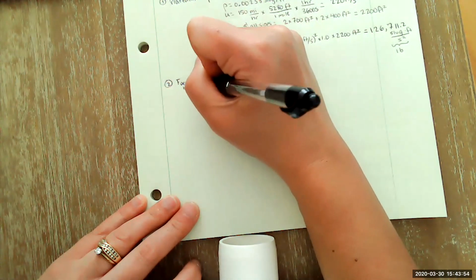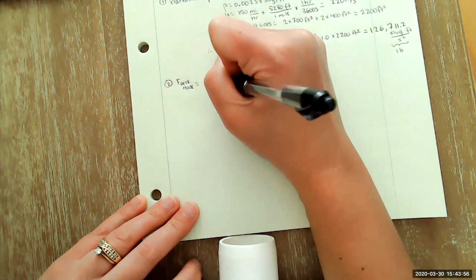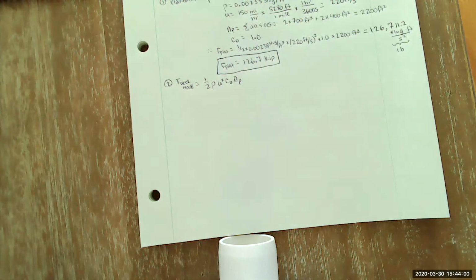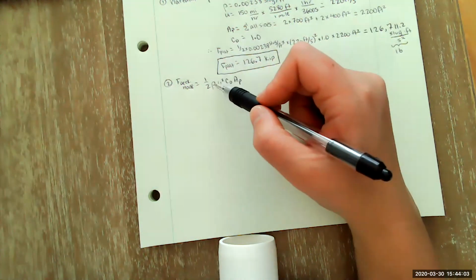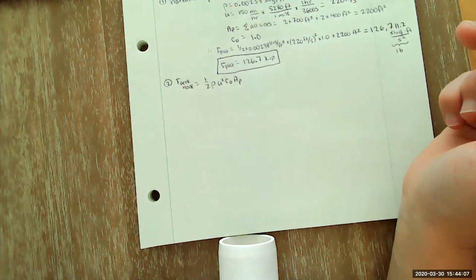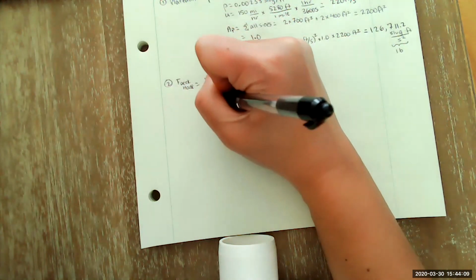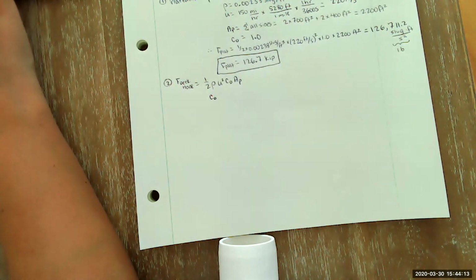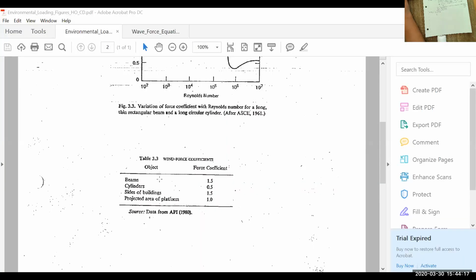And this is equal to, again, 1/2 rho u squared C sub D times our projected area. Everything's the same: our density of air is not going to change, and our wind speed is the same. Now, if I look at my drag coefficient, let's go back and check out our API design tables. Again, we have the drag coefficient for the side of a building equal to 1.5.